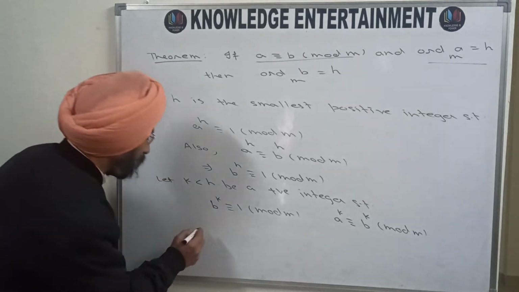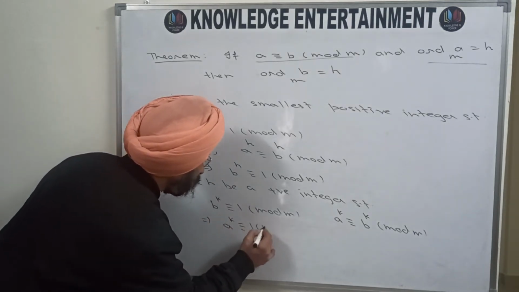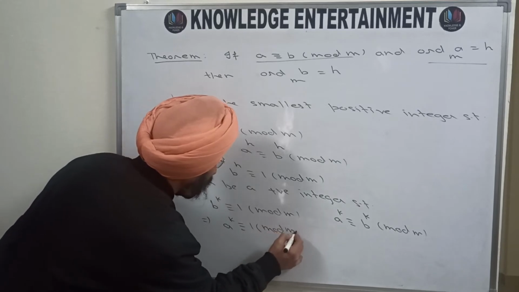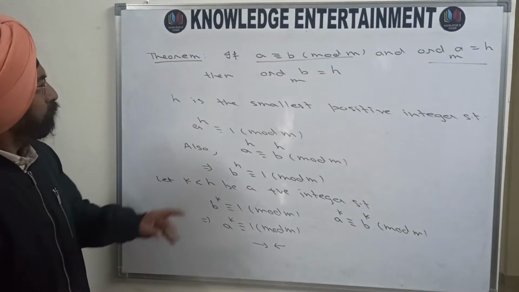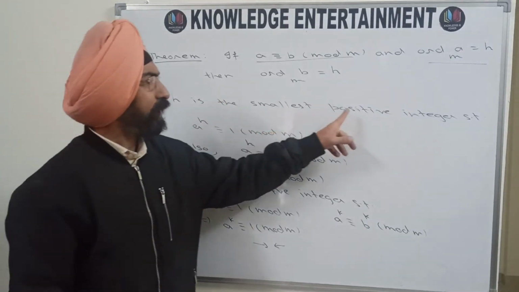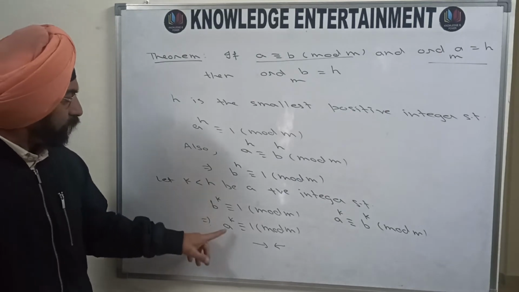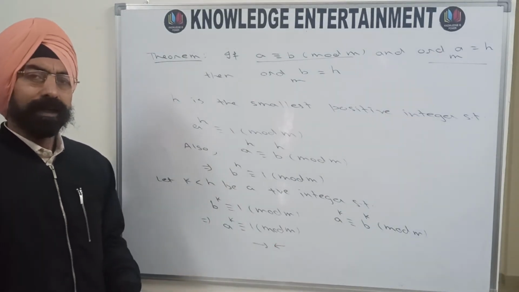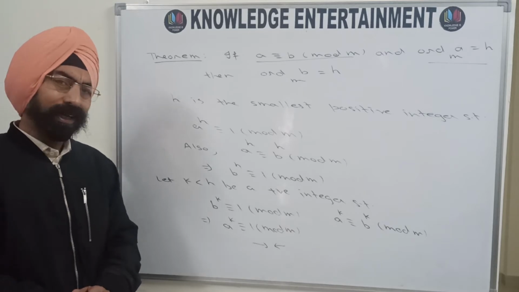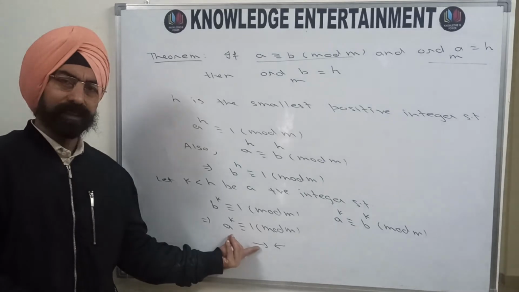Using transitivity, a power k is congruent to 1 modulo m, and this is a contradiction. Why? Because h is the smallest positive integer such that this holds, and k is less than h, so a power k cannot be congruent to 1 modulo m. A positive integer smaller than h cannot satisfy this condition.